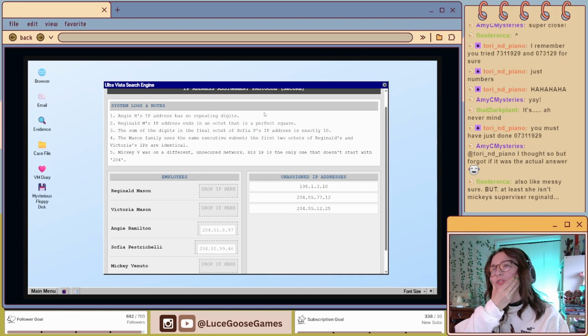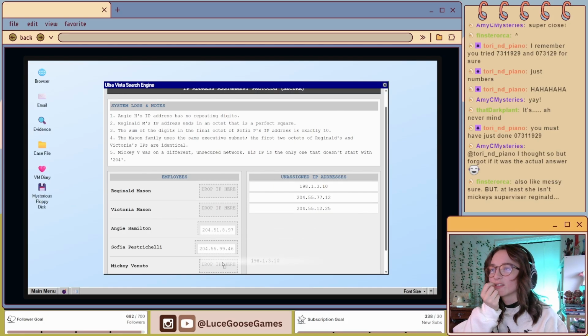Ends in an octet that is a perfect square. We'll come back to that. The Mason family uses the same executive subnet, the first two octets of Reginald's and... Okay, so there's... These are... Okay, so this... That means that his is this.